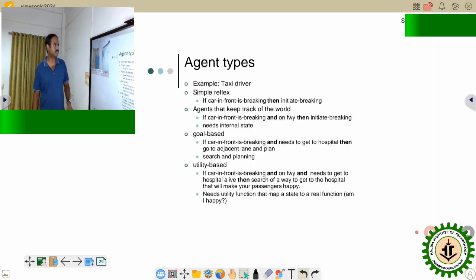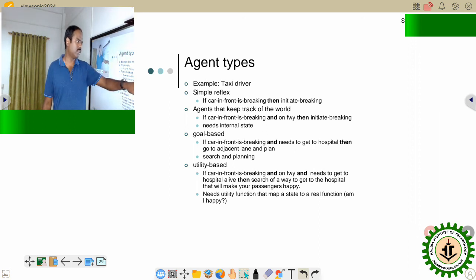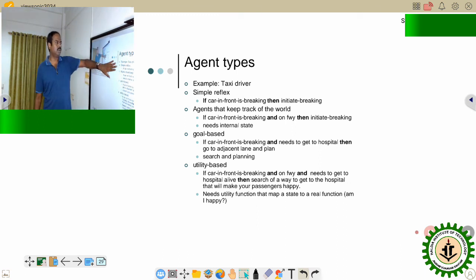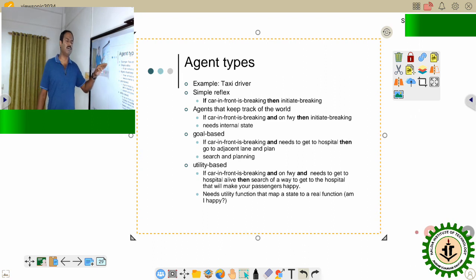Again, a few examples are given. In the case of a simple reflex agent: if car in front is braking, then initiate braking. Next, if car in front is braking and some condition holds, then initiate braking. That means in the first case there is a simple if-then statement; next, there is an if-then statement but with something extra. Next is a goal based agent: if this is done, then do something.